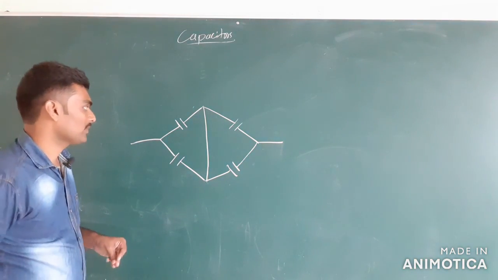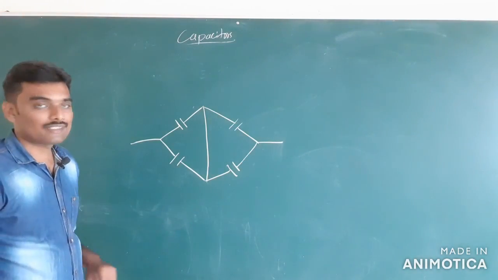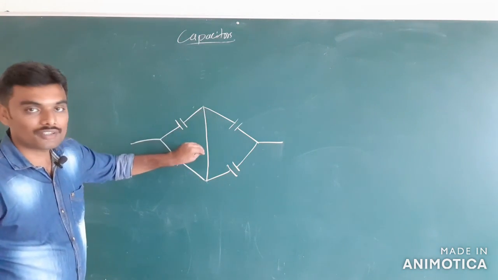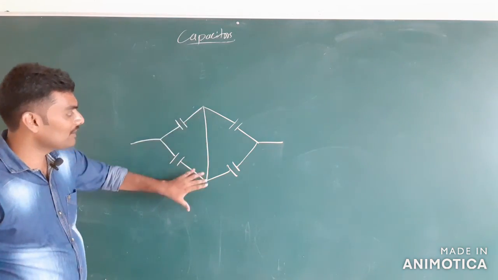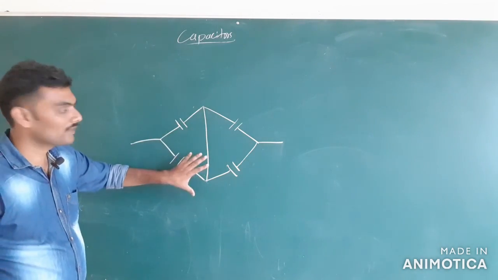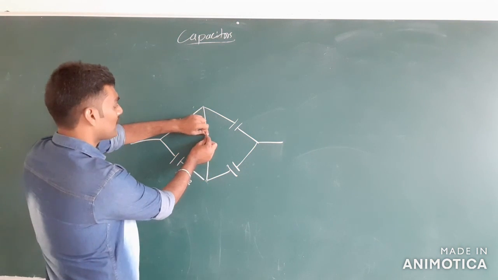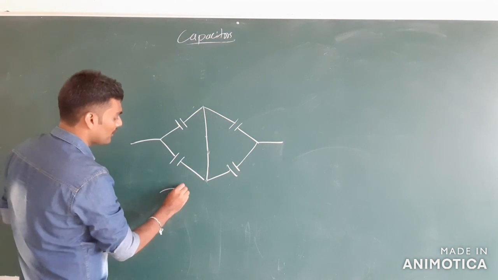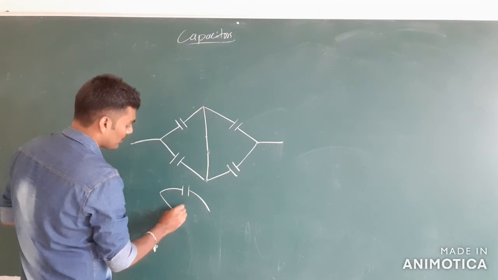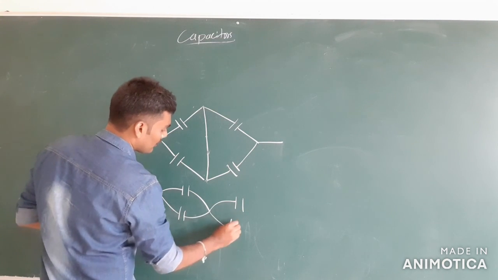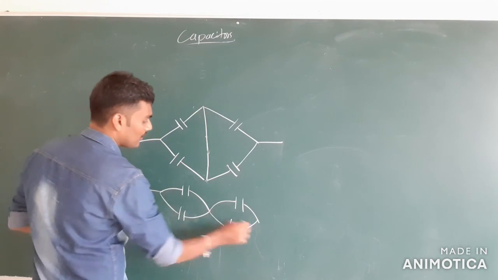Think over it. If you have such a wire, this point and this point are actually shorted. They are connected with each other, isn't it? So now these two points can be brought in contact, and hence it becomes a circuit of this kind. Right?